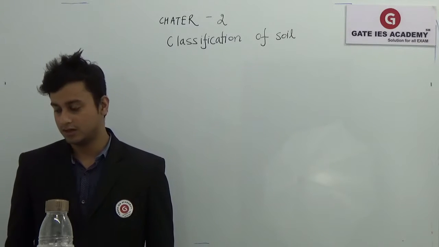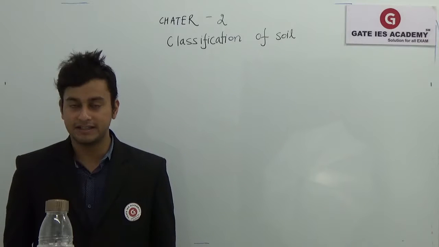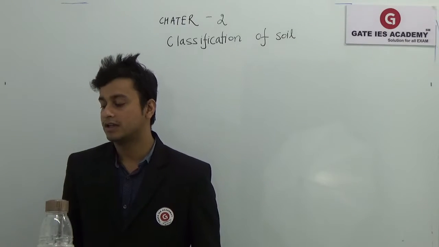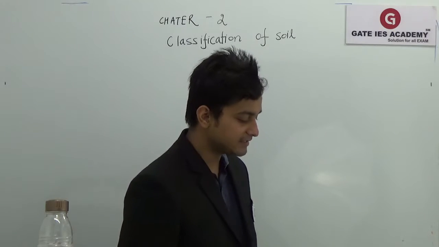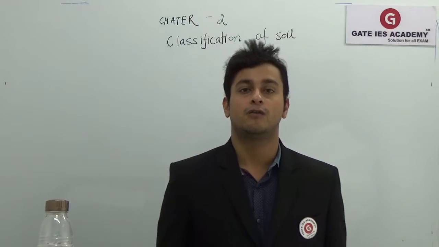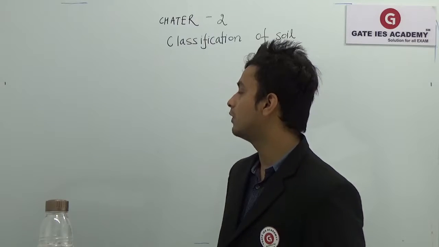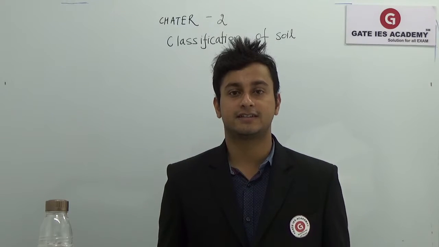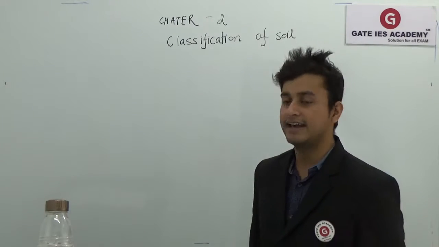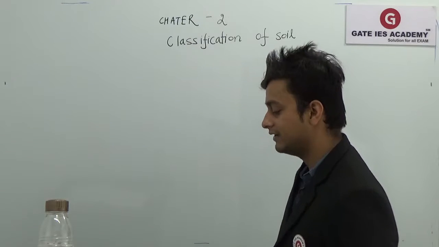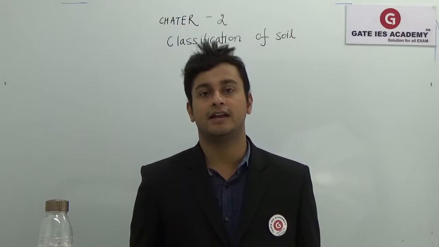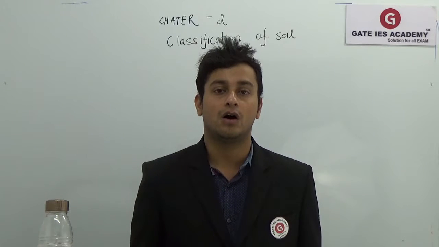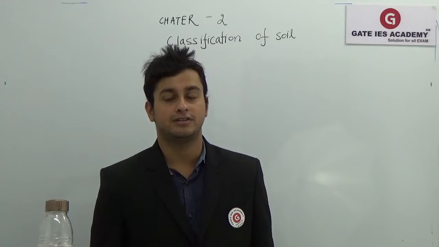The most commonly used properties are the grain size distribution and plasticity. Grain size distribution is used for the coarse-grained soil, whereas the plasticity indexes, or the different indexes which we have studied, depend mainly on the fine-grained soil properties.